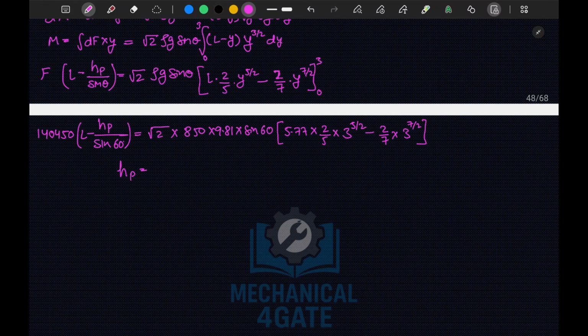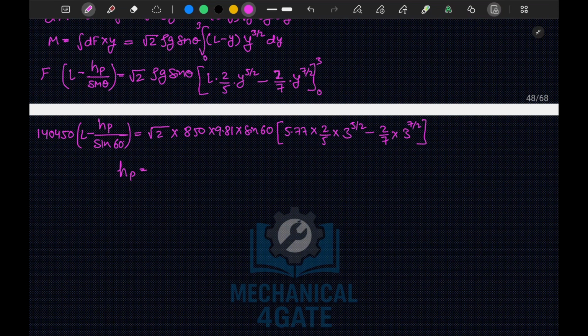So let's solve it again. 5.7777 into 2 divided by 5 into 3 to the power 2.5, minus 2 divided by 7 into 3 to the power 3.5. This value into root 2 into 850 into 9.81 into sine 60.